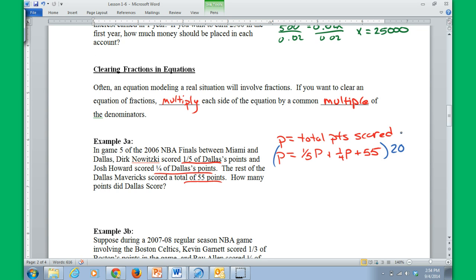That means everything in there. So 20 times P is 20P. What is 1/5 of 20? Or 20 divided by 5? 4. Okay, and what is 20 divided by 4? 5. And then 20 times 55 is, yep, 1,100.